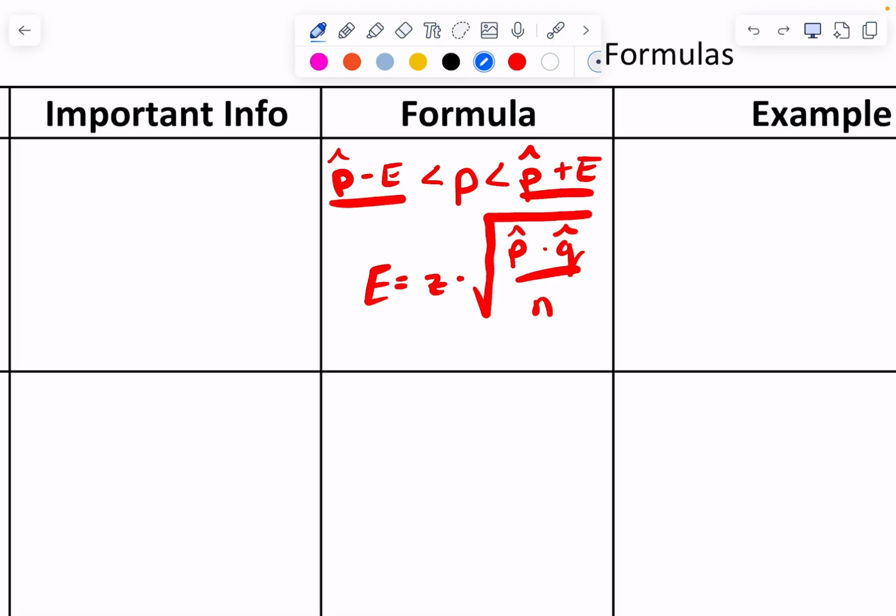All right. Important info. Which chart do we use? Not the t chart. Z. The Z chart, which is the bottom corner. We always use the Z chart for a proportion, when we're dealing with P's, okay? So that's important information. Should we write down what P hat and P and E and all the things are? Yeah, probably. Z is the number from the chart.